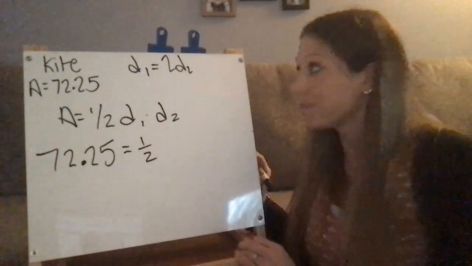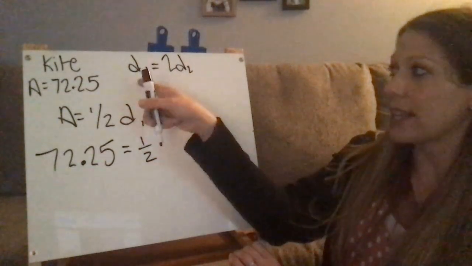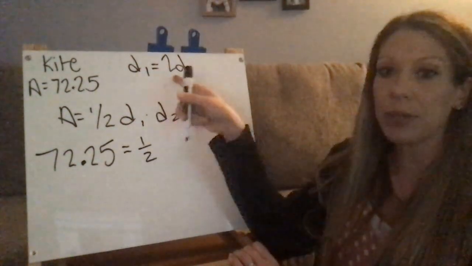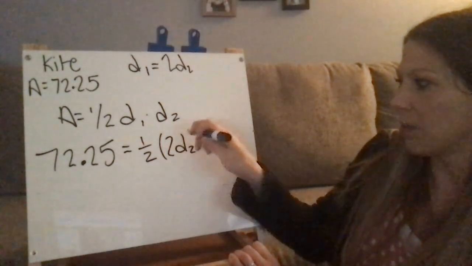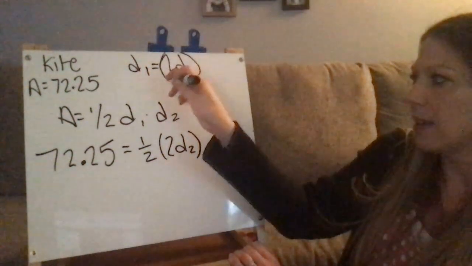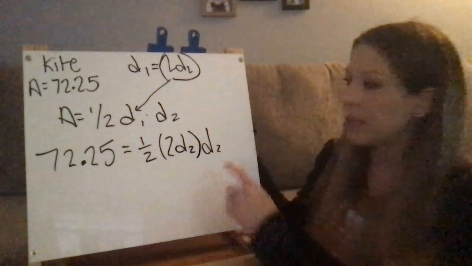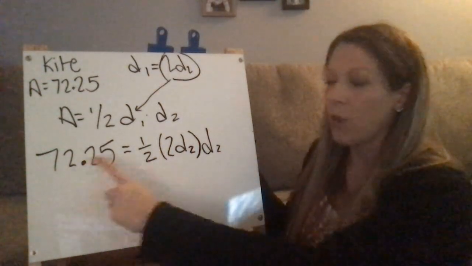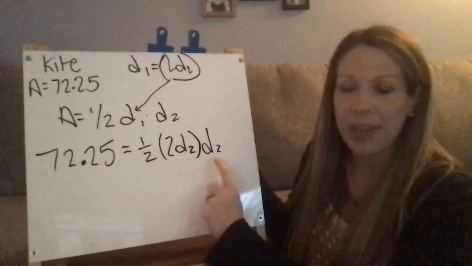I'm running out of room. So instead of writing diagonal 1, we're going to write 2 times diagonal 2. We're substituting there, times diagonal 2. The reason we do that is now we only have one variable in our equation, diagonal 2, instead of 2 separate diagonals.